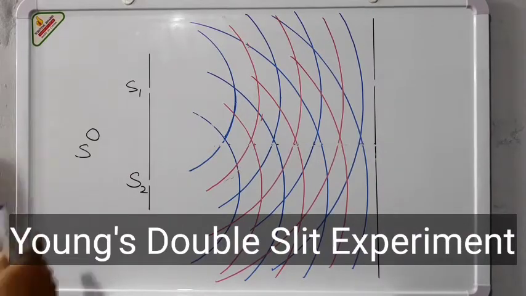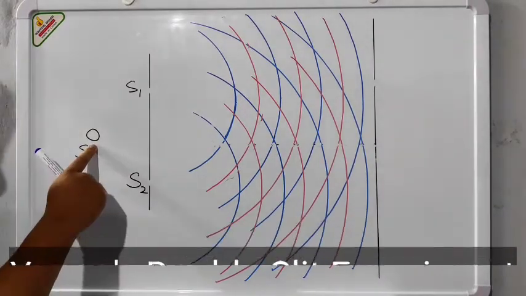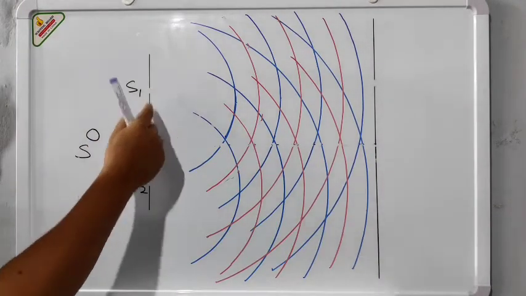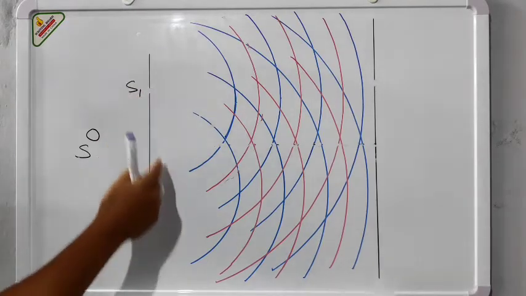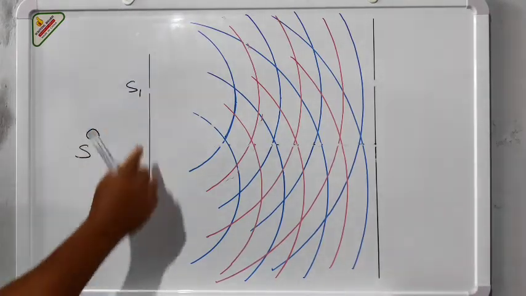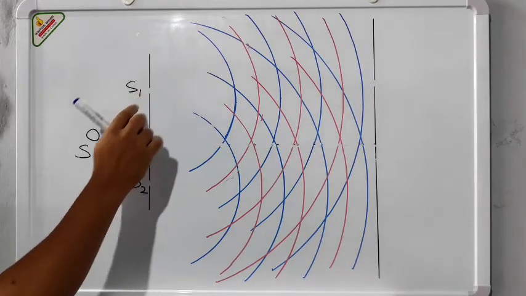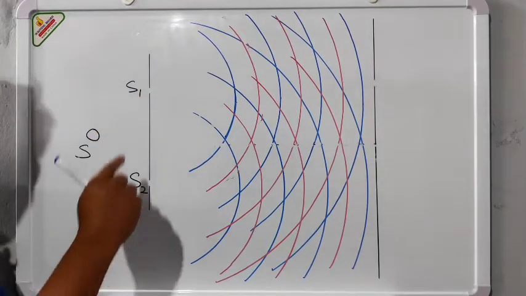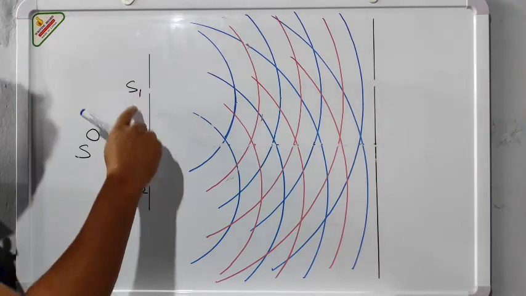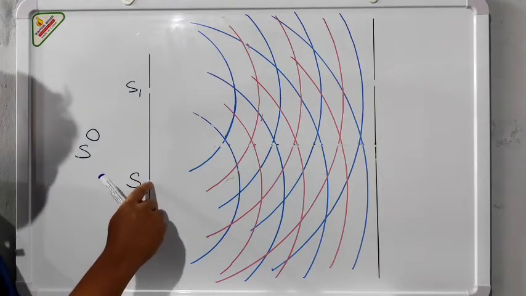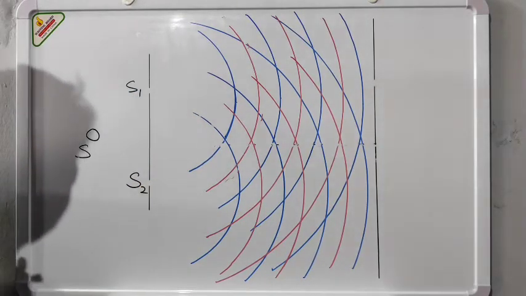Now let us consider a monochromatic source of light S. It is distributed into two sources by means of a double slit. Here we make two holes. The first hole is S1 and the second hole gives the source S2.